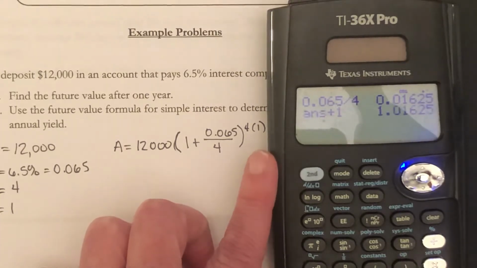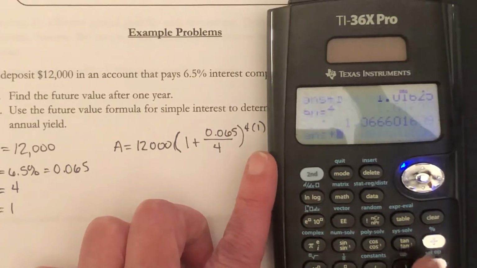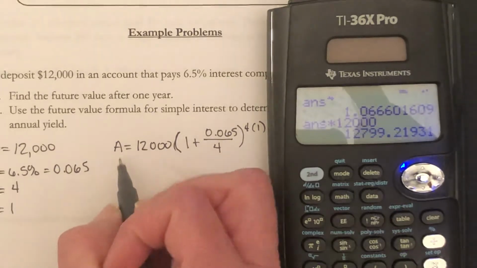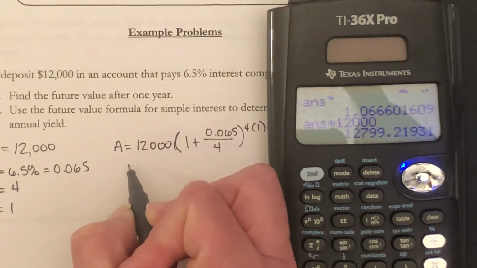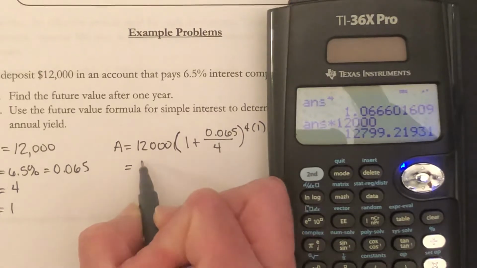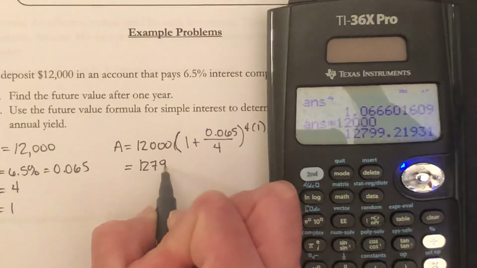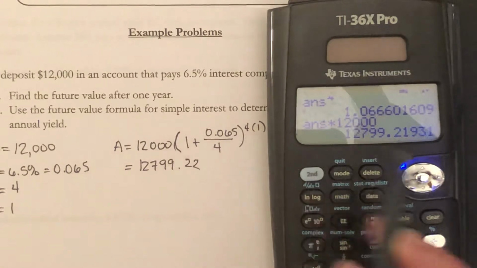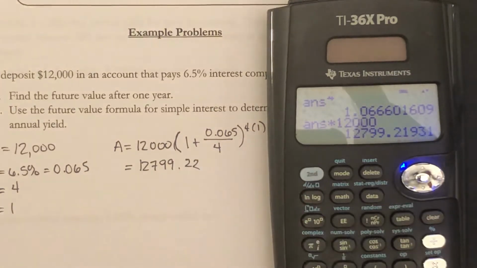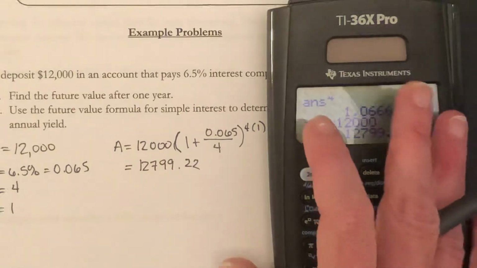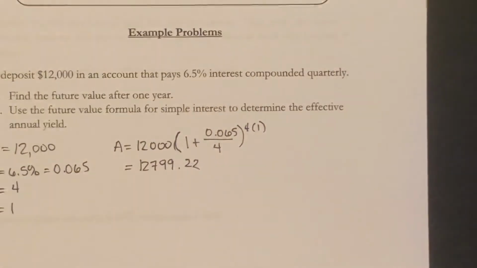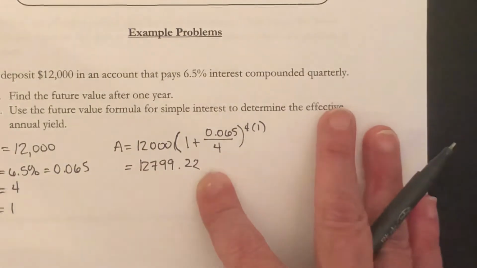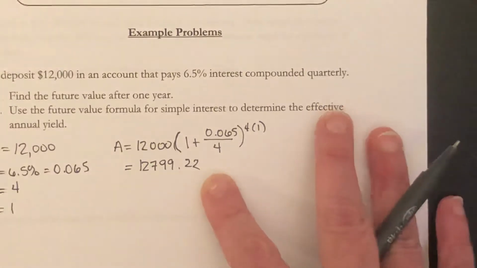Adding 1, raise that to the 4th power, and multiply by 12,000. And our accumulated value is $12,799.22. This is regular rounding. That 9 bumps it up to 22. Okay, so this is how much money this particular investment gives me in a year.